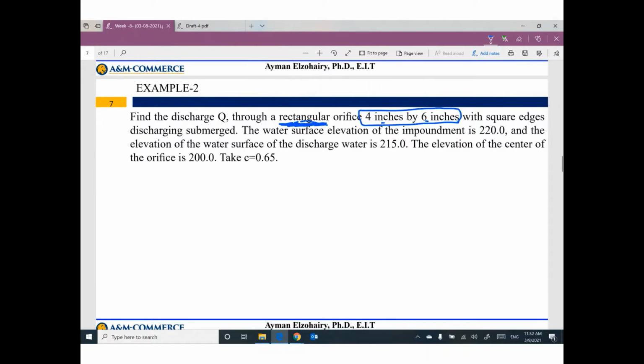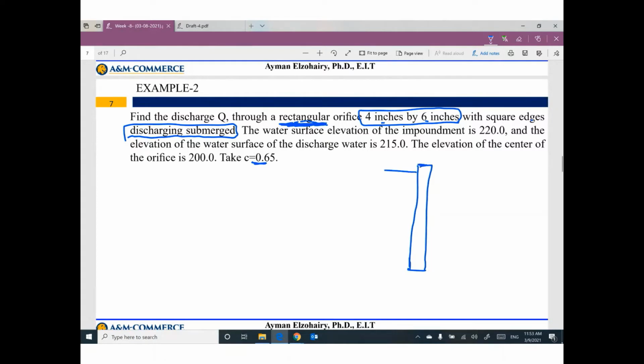The dimension of the hole is a rectangular shape, 4 inch by 6 inch, with square edges, C equal 0.65, discharging submerged. So here is the wall.